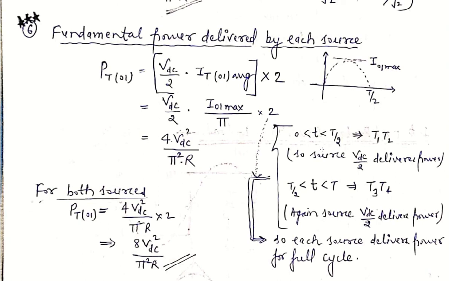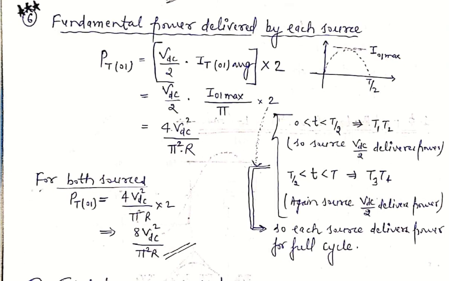Because for 0 to T by 2, T1 T2 are conducting, so the upper source, VDC by 2, delivers power. For T by 2 to T, T3 T4 conduct, and again VDC by 2 delivers power. So each source delivers power for a full cycle, so it is multiplied by 2, but in the half bridge case we do not multiply by 2. This is the slight difference in the full bridge topology.